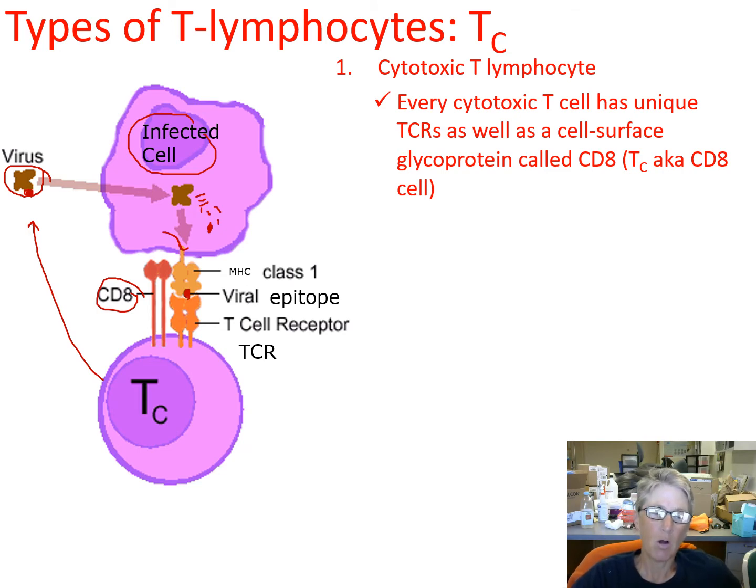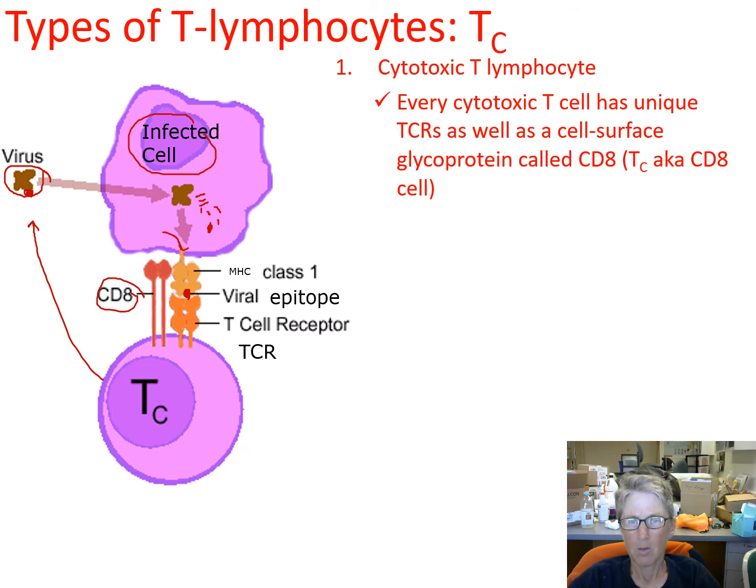If you are a cytotoxic T cell and you want to do your job, which is to kill infected cells, you need to see the viral epitope chopped up, stuck in an MHC class 1 protein, presented to the T cell receptor on you as a T cell. Then you can kill the infected cell. So yeah, there's no saving the infected cell. It's just going to get killed.